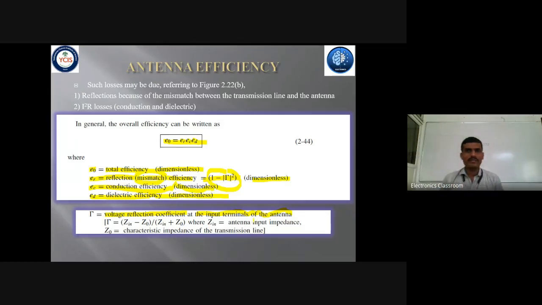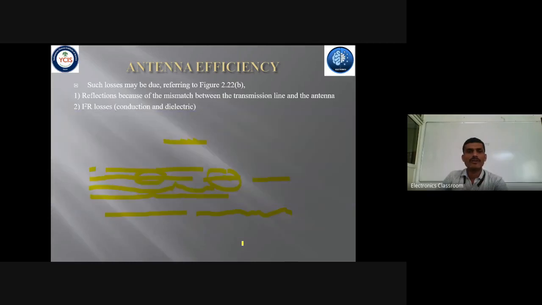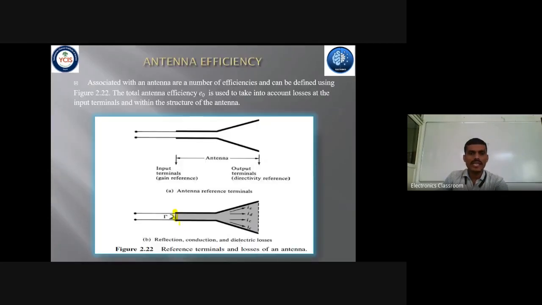Sorry, not for the antenna, it should be calculated for the transmission line, because it is present along the transmission line. You can see here, it is present in between the two transmission lines, that is coaxial transmission lines.